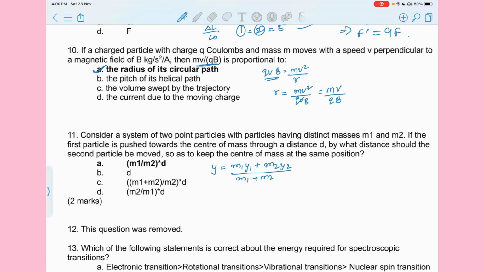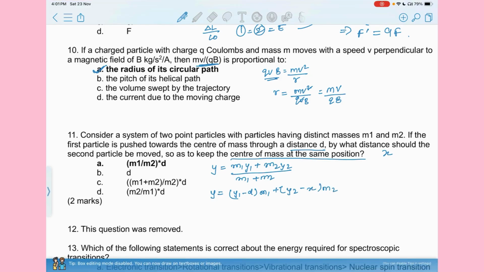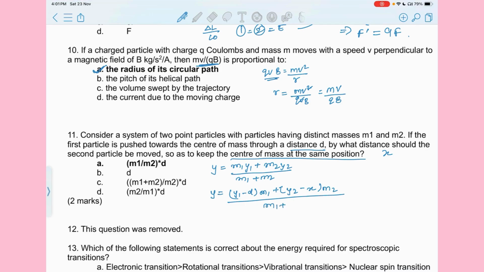Now this is for the first case. Now in the second case, when it is moved through a distance d, we see that the center of mass position is the same. So the center of mass, let it be again y, will become y1 minus d times m1 plus y2 minus, say, the unknown distance, let's say it be x, so x m2, upon m1 plus m2.